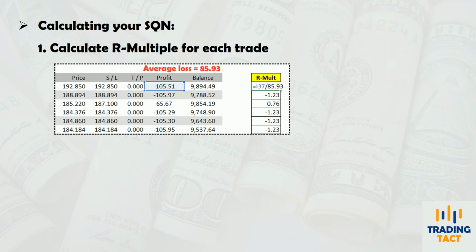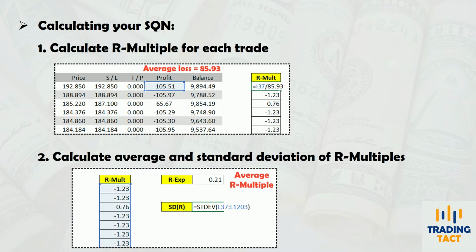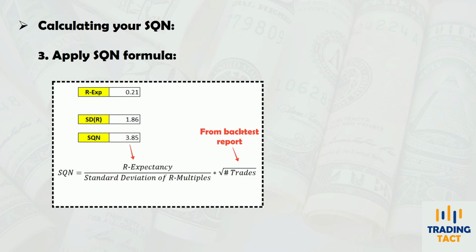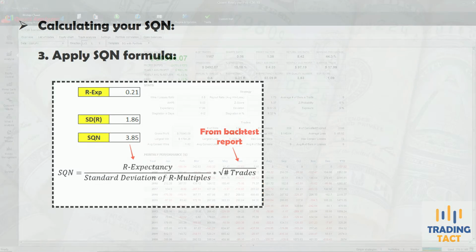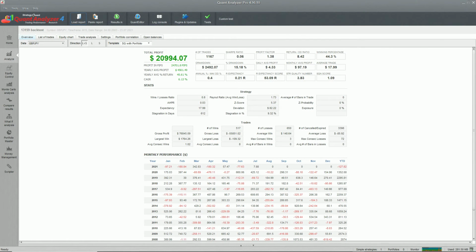I'll divide each trade's profit or loss by the average losing trade. Now you can calculate the R expectancy and the standard deviation of the R multiples. Finally, using your number of trades and the formula above, you can obtain this system's SQN of 3.85. If you use Quant Analyzer or StrategyQuant, the SQN is automatically calculated.